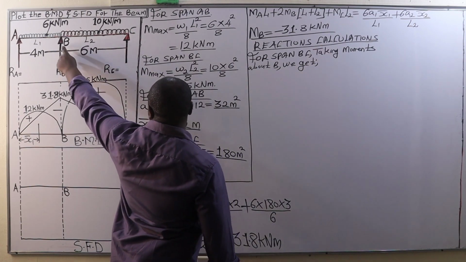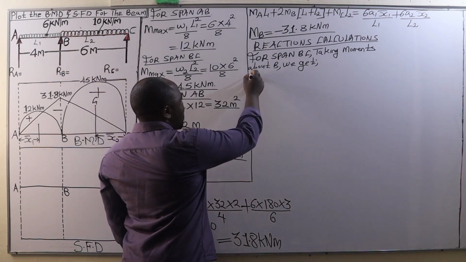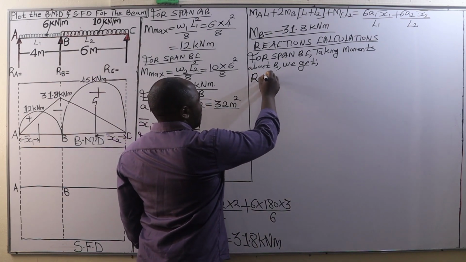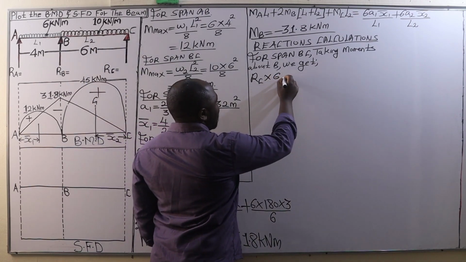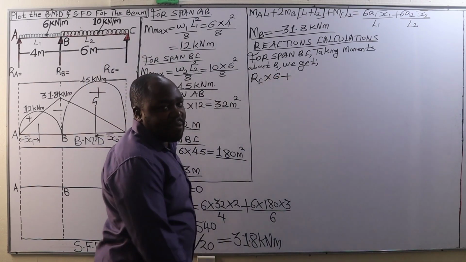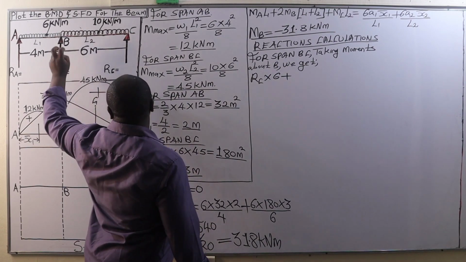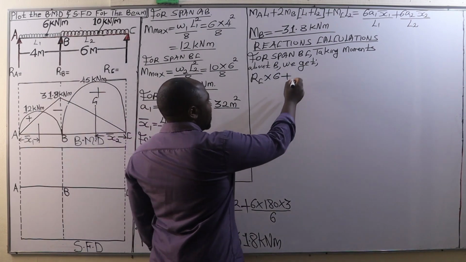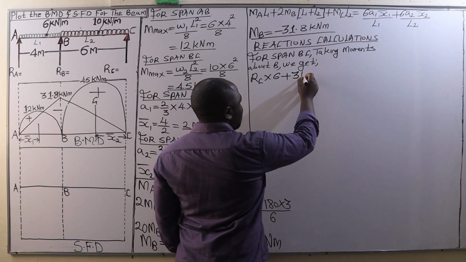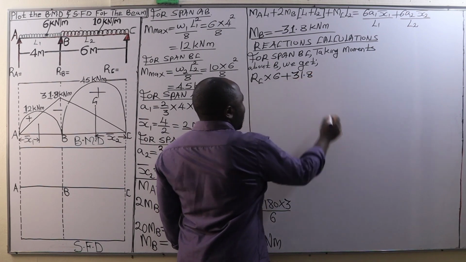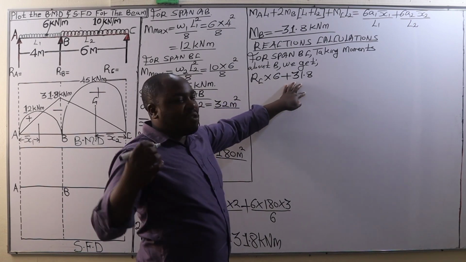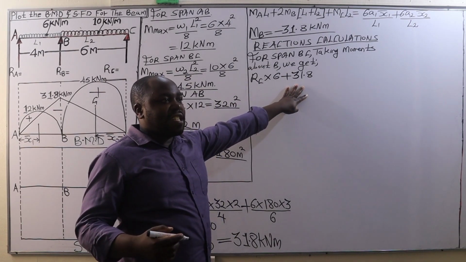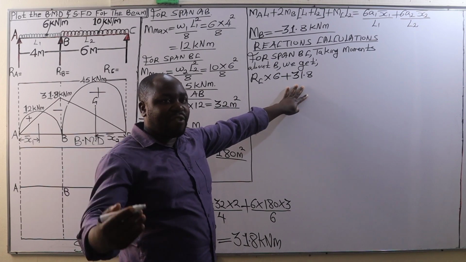Remember, you are taking moments about B from C, so that is RC multiplied by the distance from C to B, which is 6 meters, plus the bending moment at the support B, which is 31.8 kilonewton meter. Those are anti-clockwise moments.